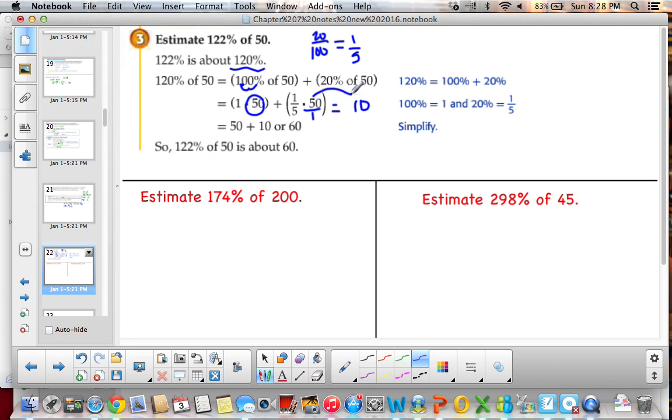So that part is 10. So then it shows down here anyways, 50, or 1 times 50, which is just 50, plus 10, and we get about 60.